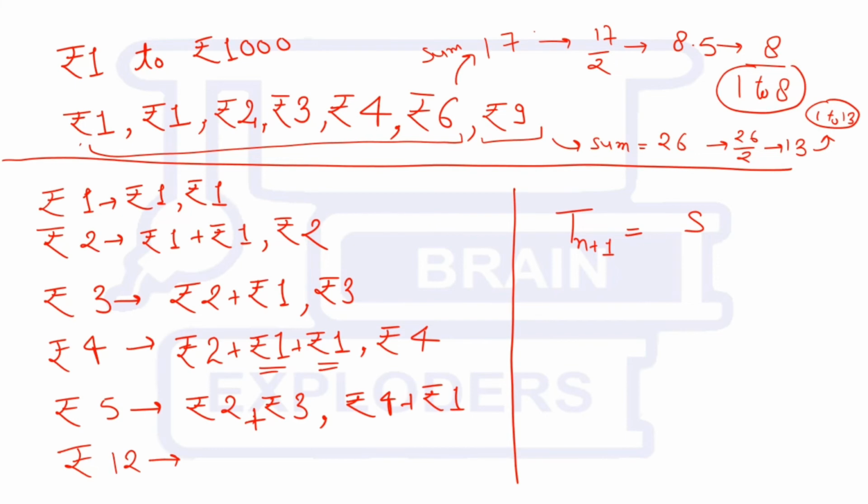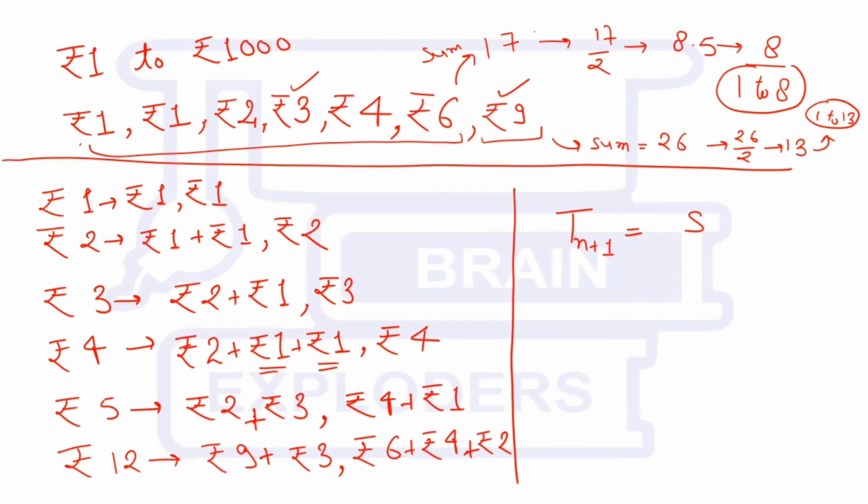Let us take 9 plus 3. This is making a sum of 12. So we have used 9 and 3. Now in another way we can do it like rupee 6 plus rupees 4, it is 10, plus rupee 2. Here there is no need of this 1. Here also it is making a sum of 12.